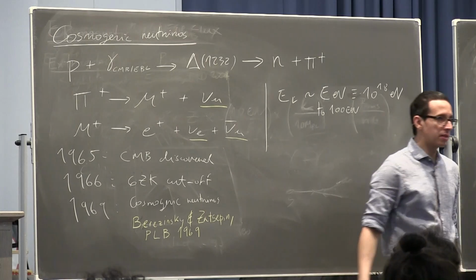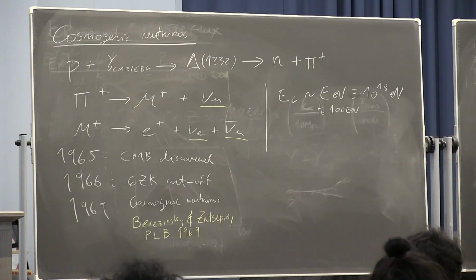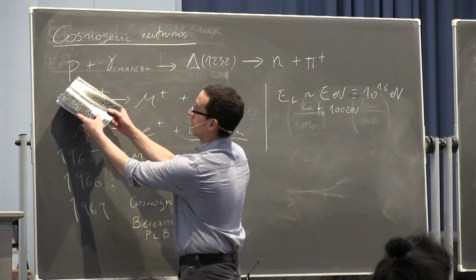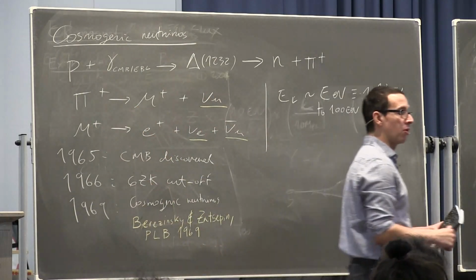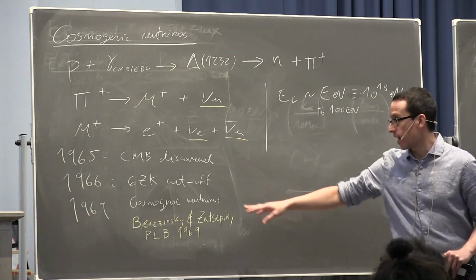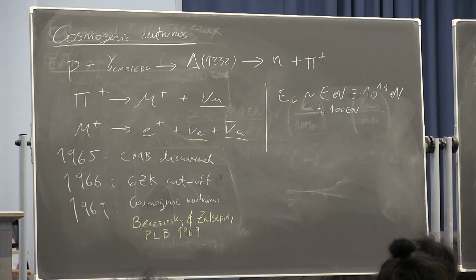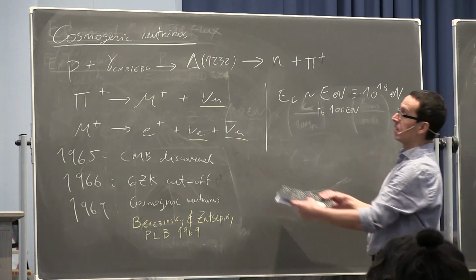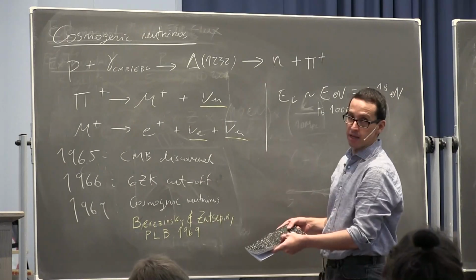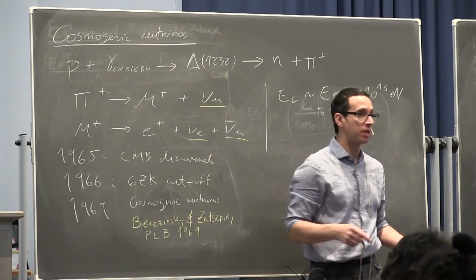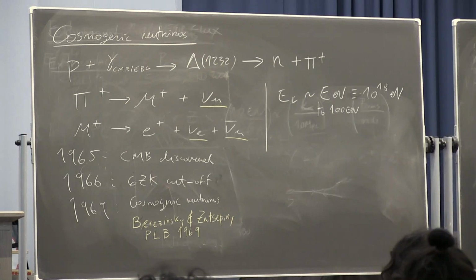So that means that we're probing the high end of the cosmic ray spectrum, the ones that no longer reach us because they're being cut off by the GZK damping. So whereas the cosmic rays for energies that are above 5 times 10 to the 19 won't reach us because of these interactions, the secondary neutrinos that the protons make will reach us, because once you make a neutrino, it's difficult to kill. So they will get to us.